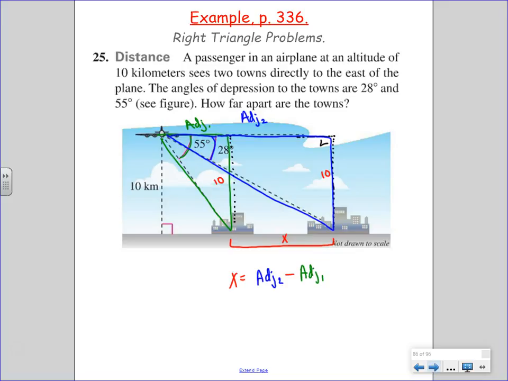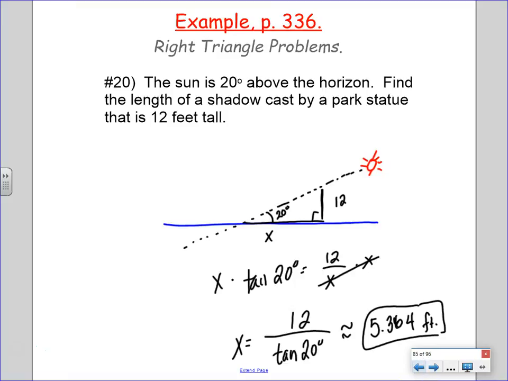How do I find adjacent given angle and opposite? Given opposite, you want adjacent, you better be using tangent. So you're going to separate these two and just do 2 little triangles where you have opposite, adjacent, angle. You use tangent on each of them. Take the bigger minus the smaller, and what do you got?